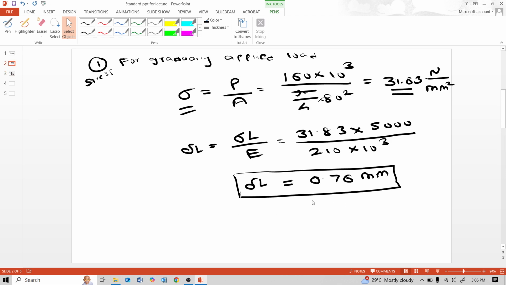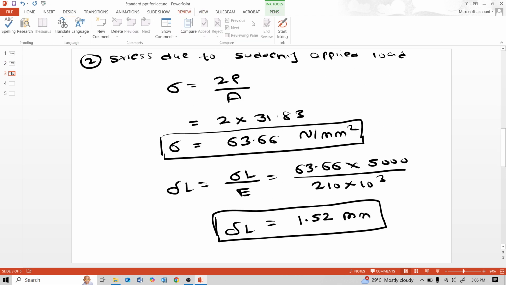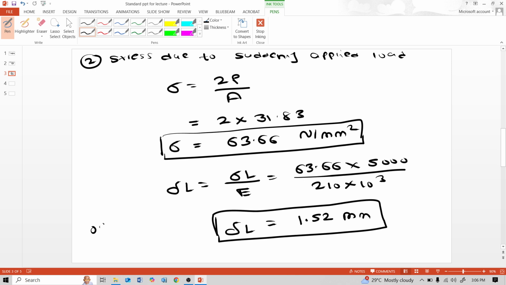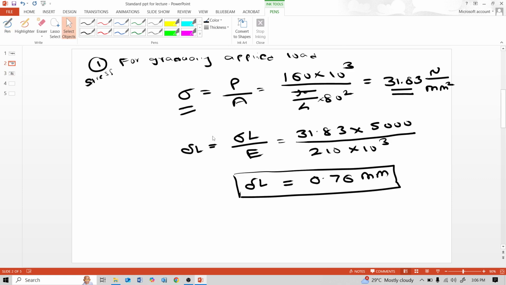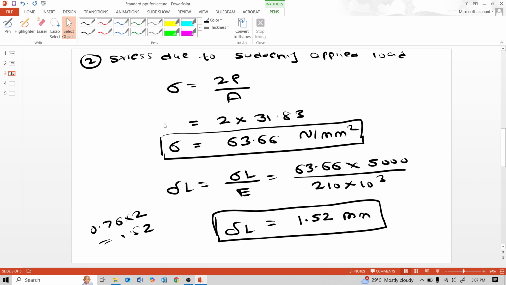See, 0.76 into 2 is 1.52. And the stress is also 2 times that of gradually applied load.